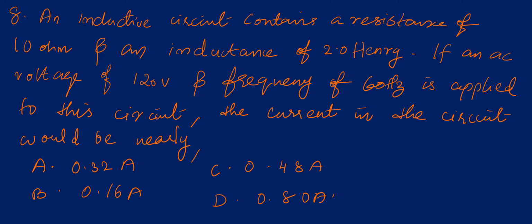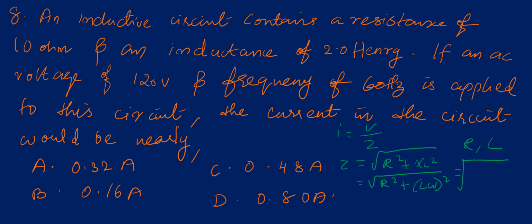An inductive circuit contains a resistance of 10 ohm and an inductance of 2 Henry. If an AC voltage of 120 volt and frequency 60 Hz is applied to the circuit, the current in the circuit will be? Equation for current is voltage divided by impedance. Since both the resistance and inductance are there, we calculate impedance as square root of R square plus XL square, or square root of R square plus (L omega) whole square, or square root of R square plus (L into 2 pi F) whole square.